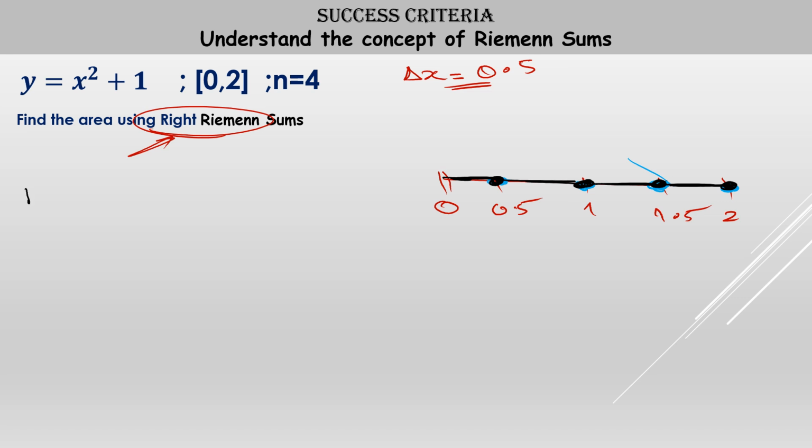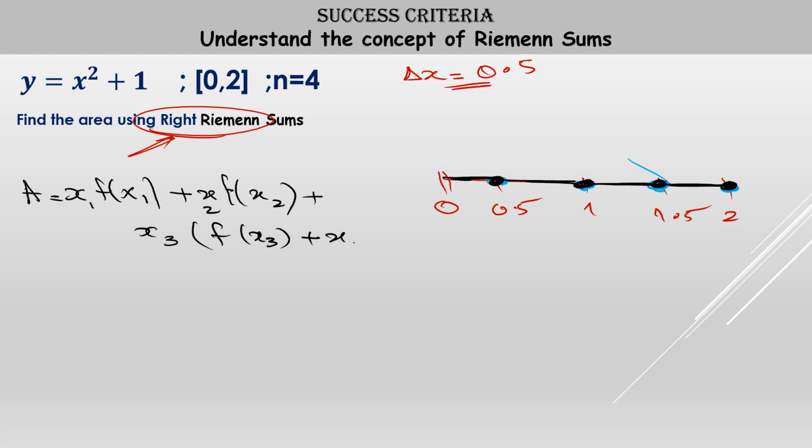So we will write the formula, that is x1 f of x1, x2 f of x2, x3 f of x3 plus x4 f of x4. So length into width. So x1 will be what?